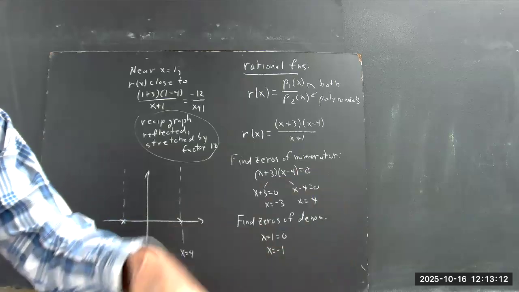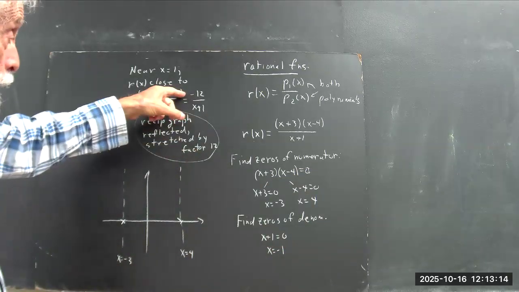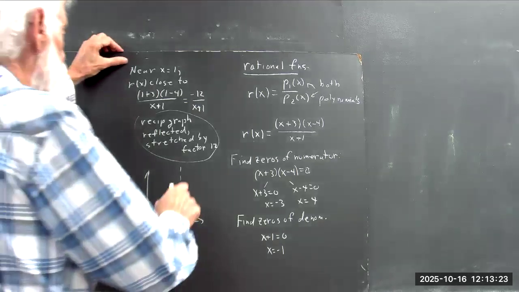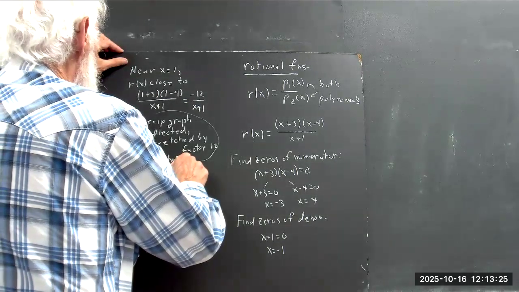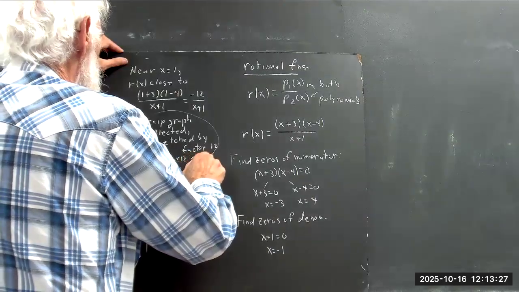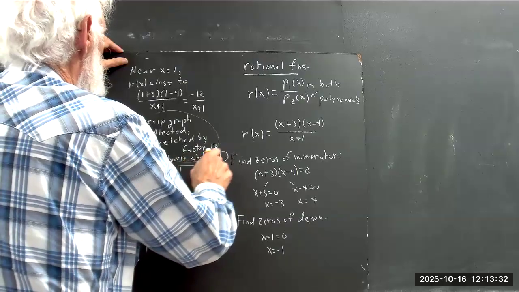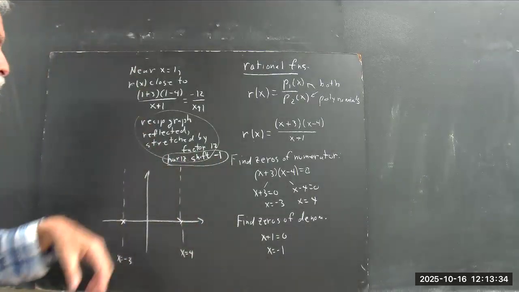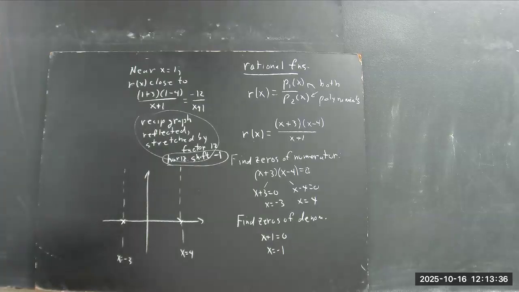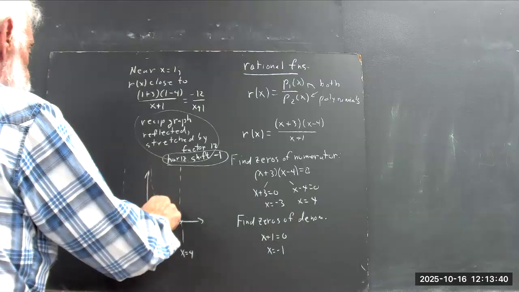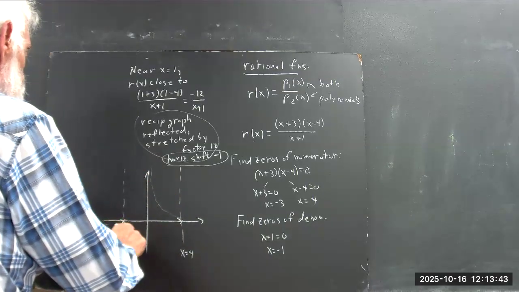I didn't want to take the room to write about the x-axis, but we know that negative reflects the reciprocal about the x-axis, vertically stretched by factor 12 and horizontally shifted -1. So it's like we take a stretched reciprocal graph, which might look like this.